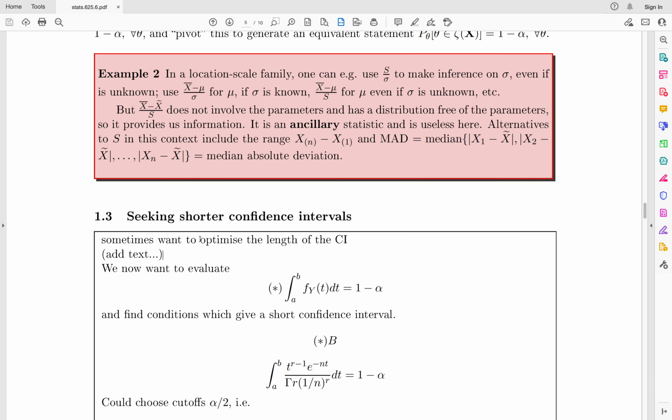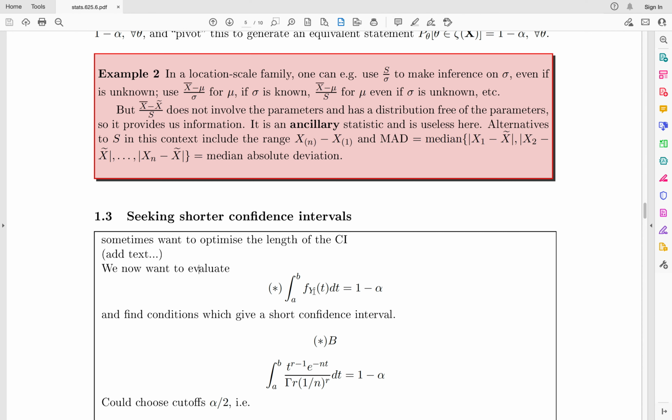We also sometimes want to seek short intervals, in which case we start by saying we want to choose A and B, which provide us with a coverage probability, and then we want to choose A and B so that the confidence interval becomes as short as possible.